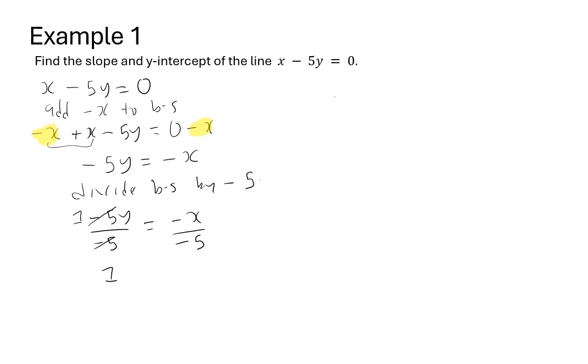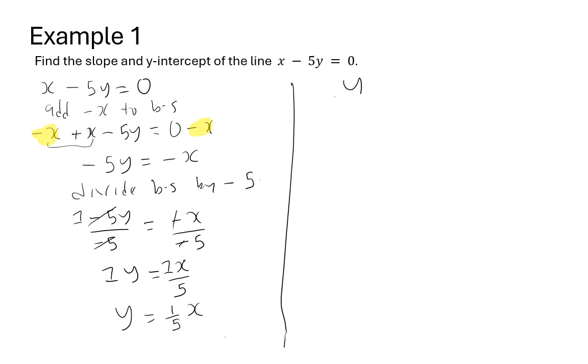So we'll just have 1y equal to, here we have a minus, which will go into minus 1, so we'll just have a 1x over 5, and 1y is just y, and 1x over 5 you can just rewrite as 1 over 5x. So we have y equal to 1 over 5x.